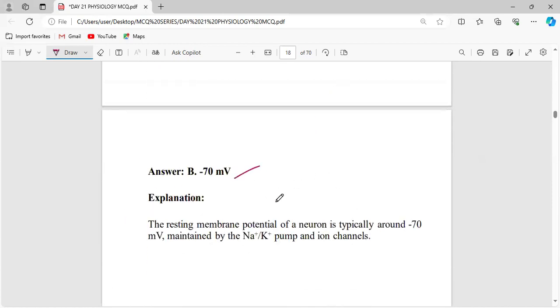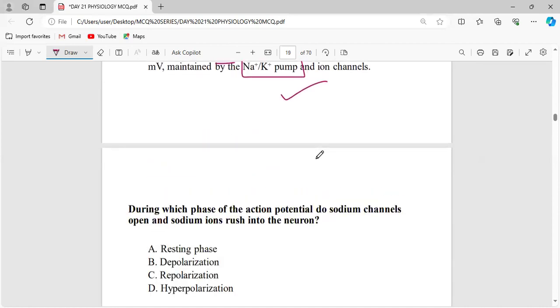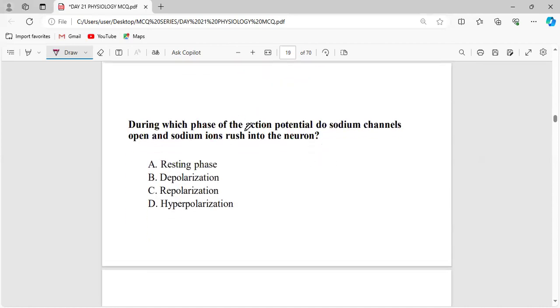Okay, and see, the membrane potential is maintained majorly by the sodium potassium pump, right? And ion channels. During which phase of the action potential do the sodium channels open and sodium ions rush into the neuron?